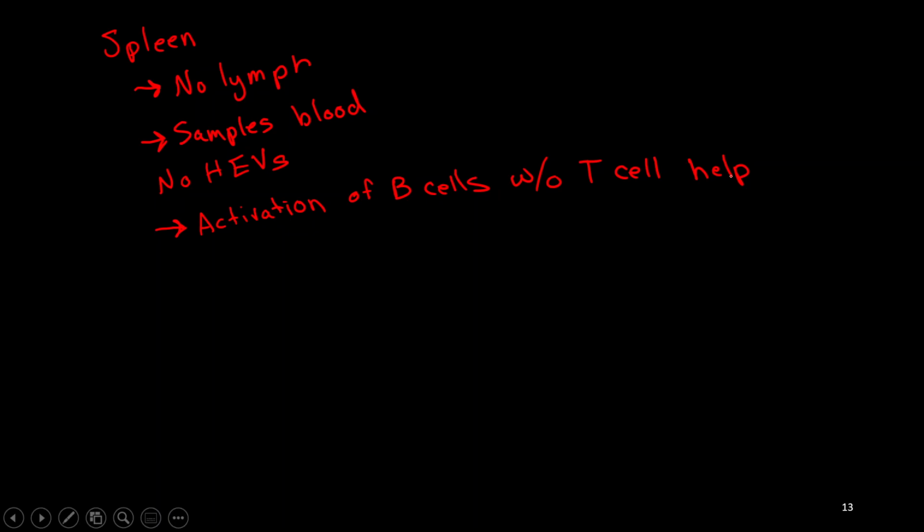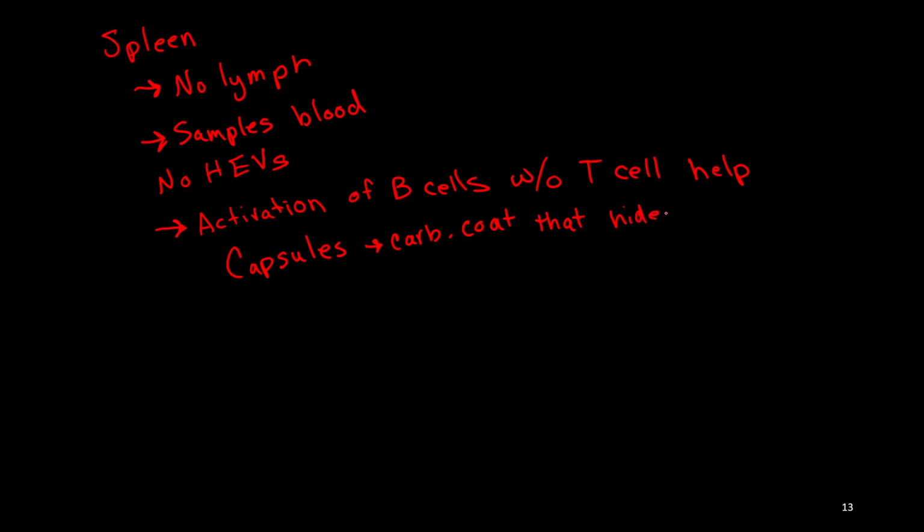The problem with some blood-borne pathogens is that they are surrounded by capsules. So this is essentially like a carbohydrate coat that hides the bacteria.